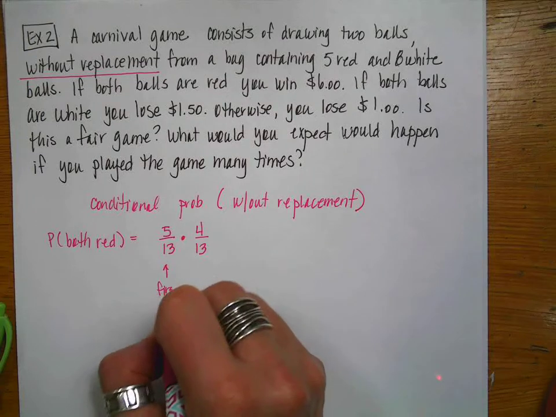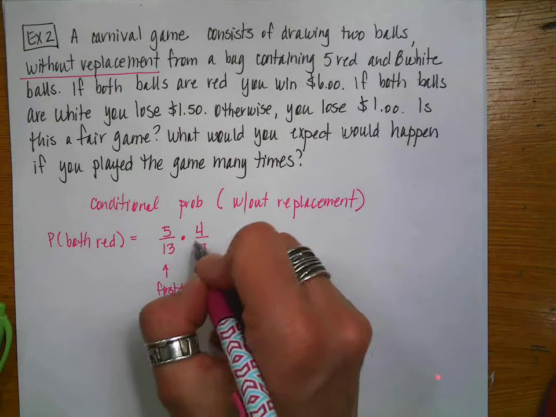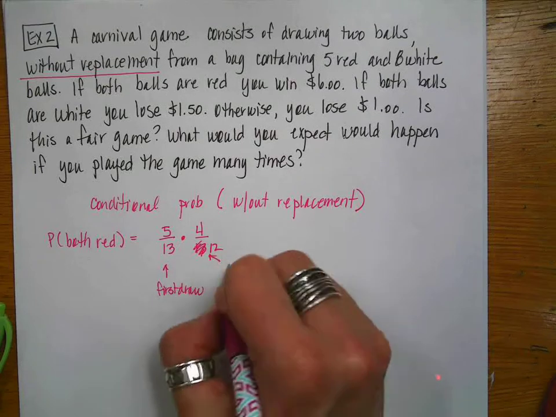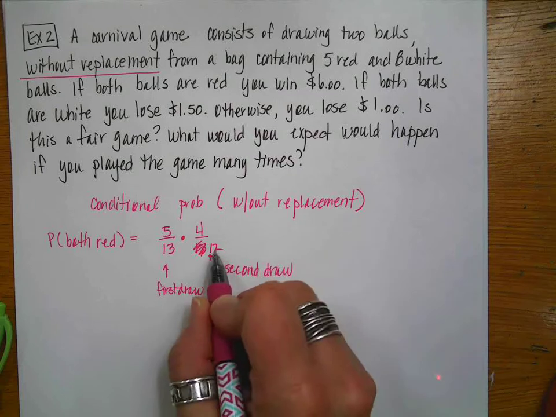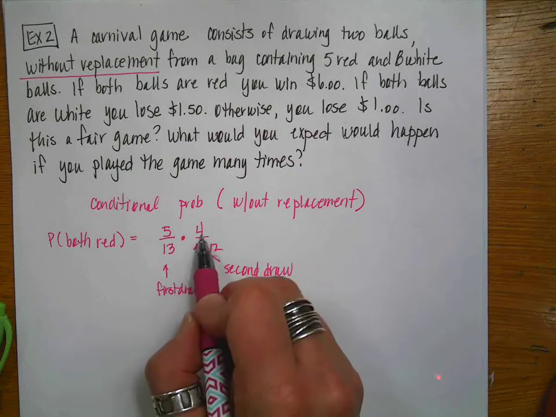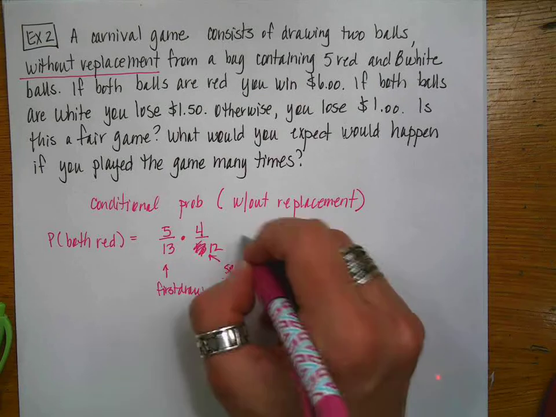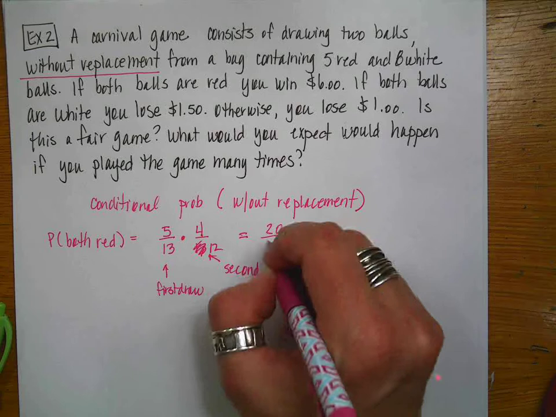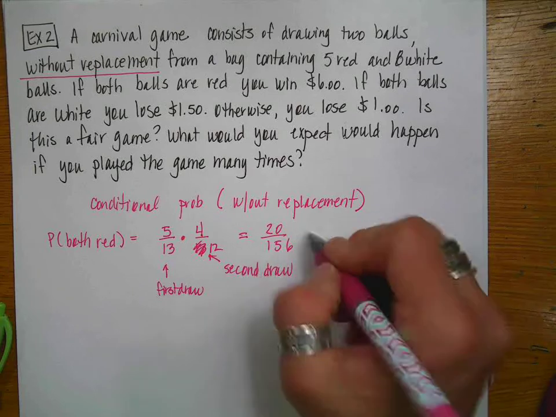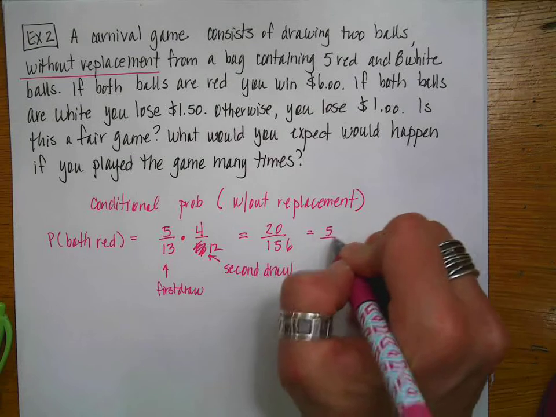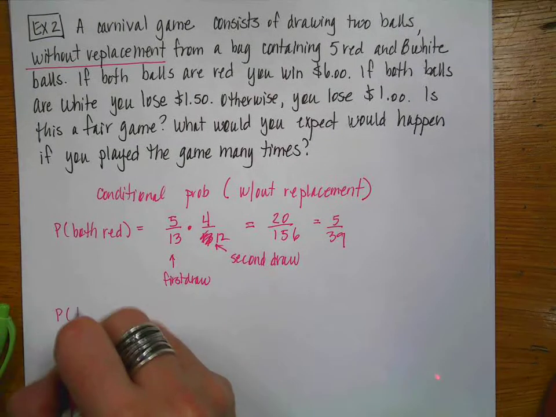Okay, so this is my first draw, and then this is my second draw. Ooh, my bad. I wrote that number wrong. It's 5 out of 12. Good thing I was checking my math. And it goes down 1 because it's no replacement, and this number goes down because if I've already gotten 1 red, then that means there's less red balls to choose from as well. So then this is 20 out of 156, and I think we will just leave it as that, okay? I could reduce it to get 5 out of 39, so either number we will use later.